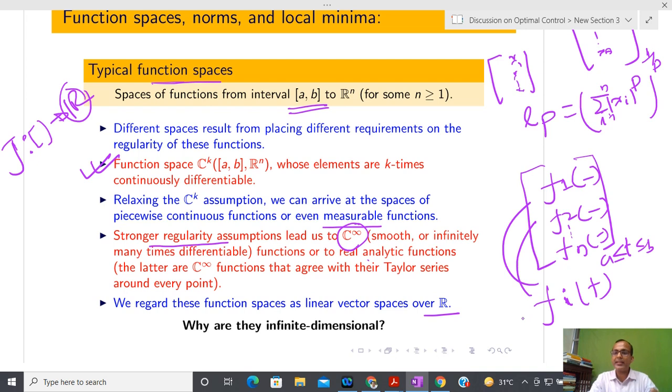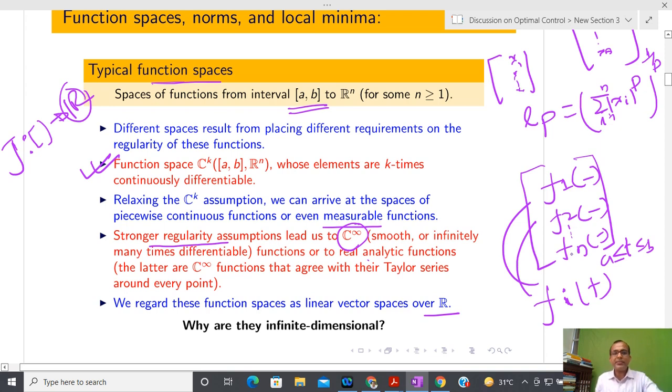Whenever we define a vector space, we need two operations: one is vector addition and the second is scalar multiplication, and we have to specify the elements we take from the field. Those who have no exposure to vector space can just assume that the underlying elements are real numbers. So this function is also defined over the real numbers, which means this is a real valued function.